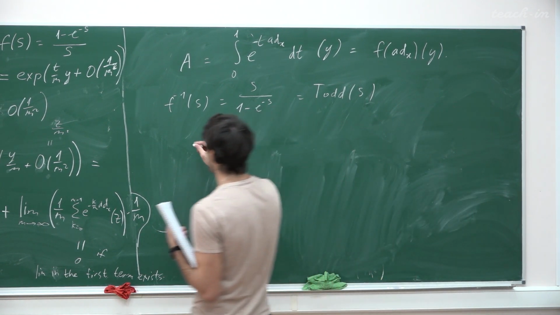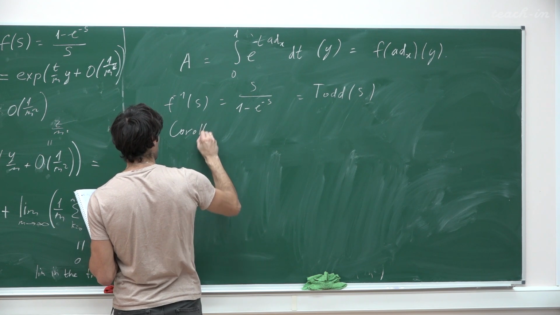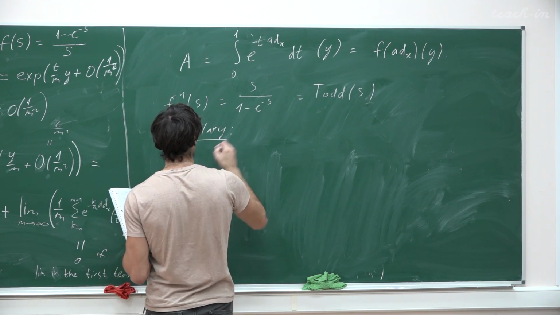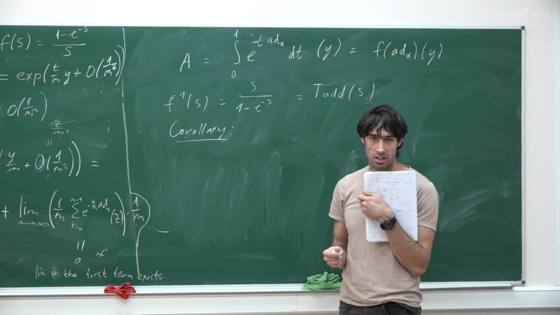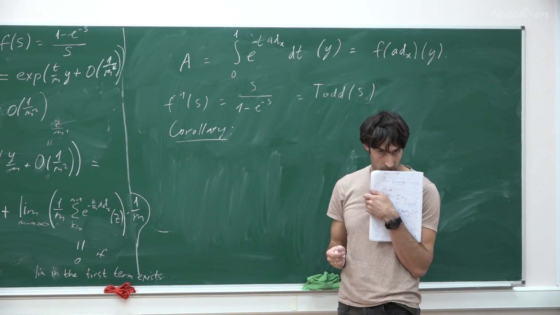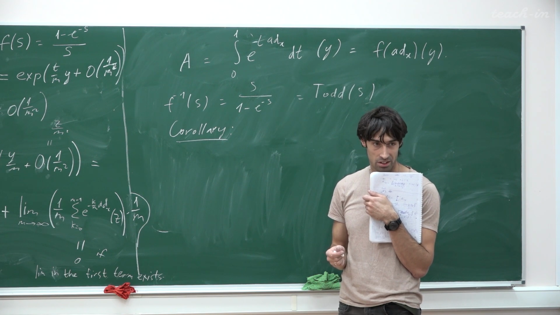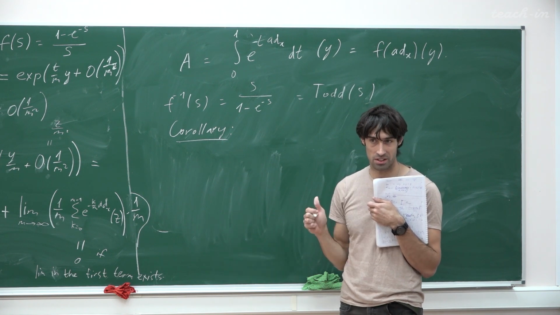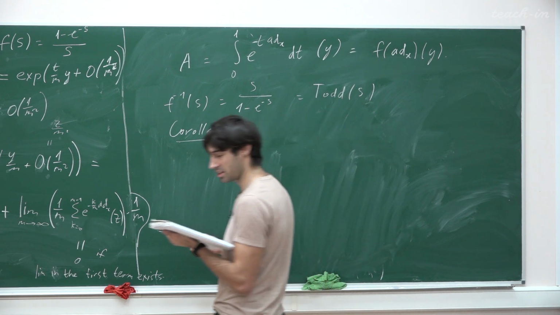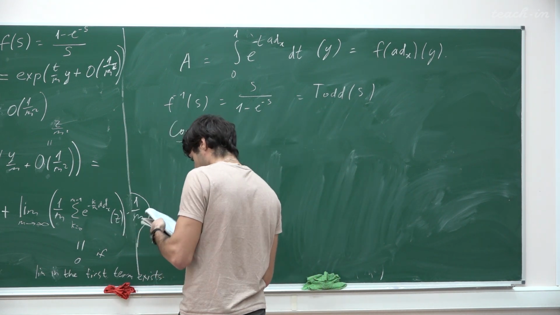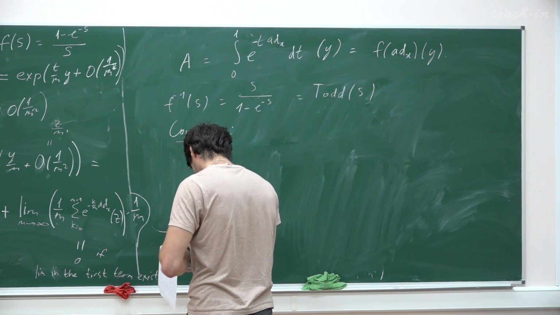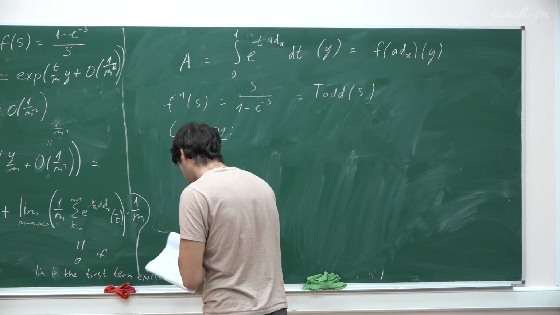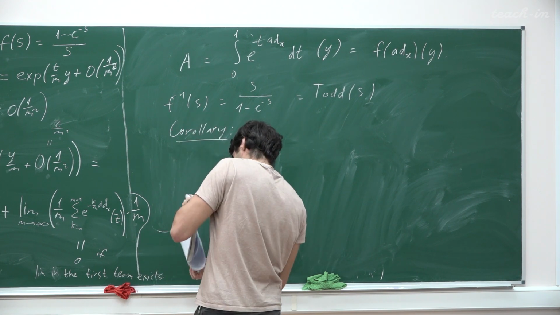Okay. Anyways, as a corollary of this, we get... so we never stated that the exponential map is holomorphic, right? So now we know this. Let me state this.